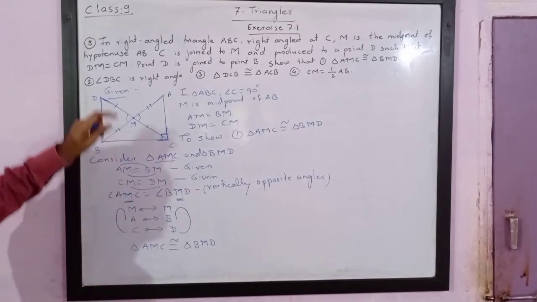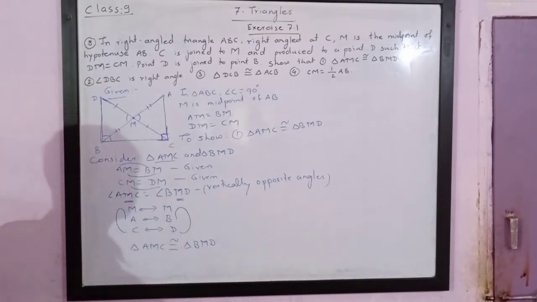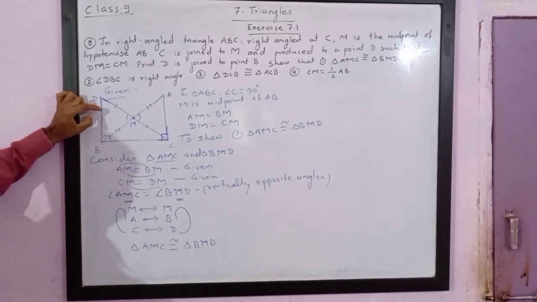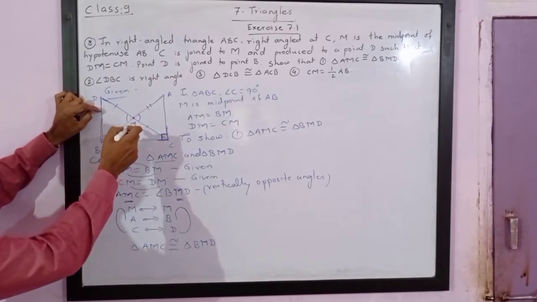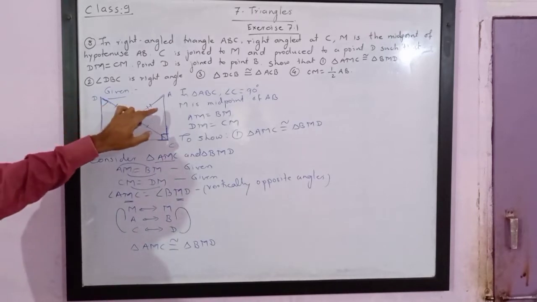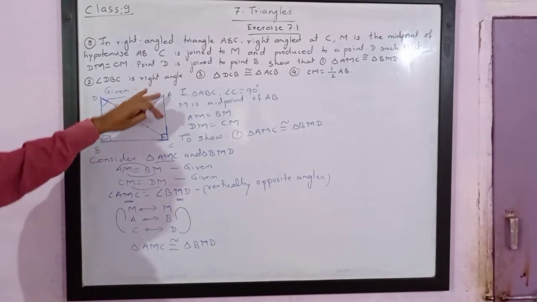Now the second point is we have to show triangle DBC is a right angle. Before showing this, we need to show that this angle is congruent because it is vertically opposite angles. It means angle BAC.